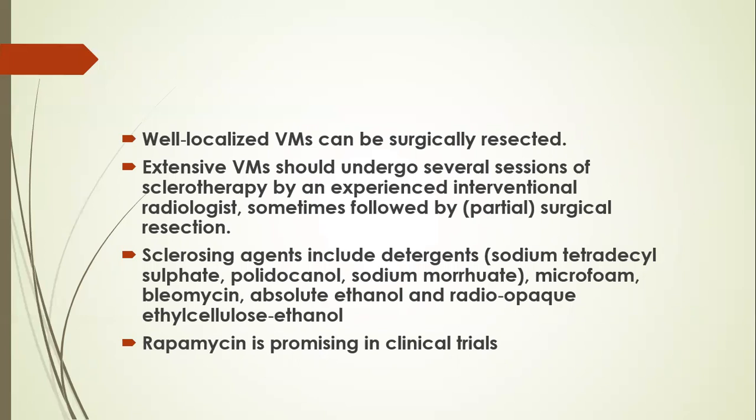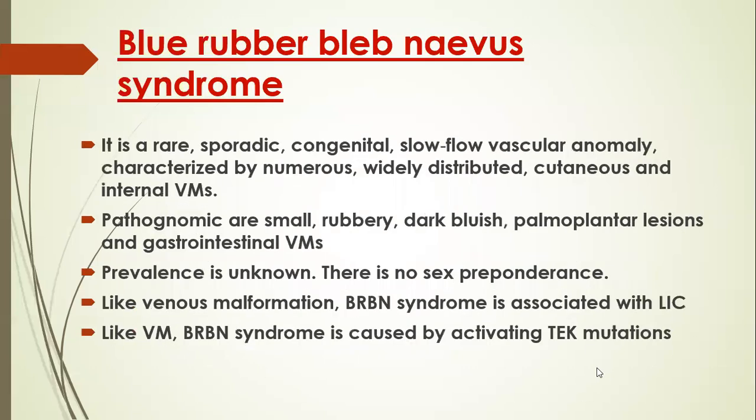The sclerosing agents include detergents, sodium tetradecyl sulfate, polidocanol, and sodium morrhuate, then microfoam, bleomycin, absolute ethanol, and radio-opaque ethyl cellulose or ethanol. Rapamycin is promising in clinical trials.